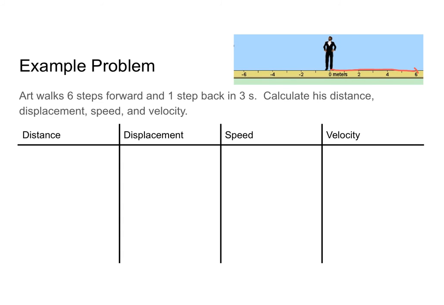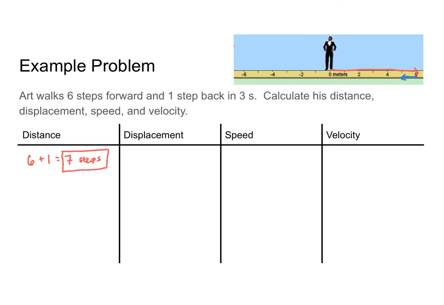So there are my 6 steps forward, and then he's going to go 1 step backwards. So if I want to figure out my distance, what I'm going to do is I'm going to go ahead and just add up the steps that he takes. So he goes 6 steps, and then he goes 1 step. So his total distance traveled is 7 steps. And that's nice and easy.